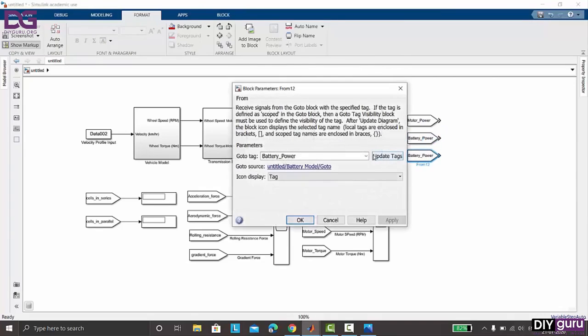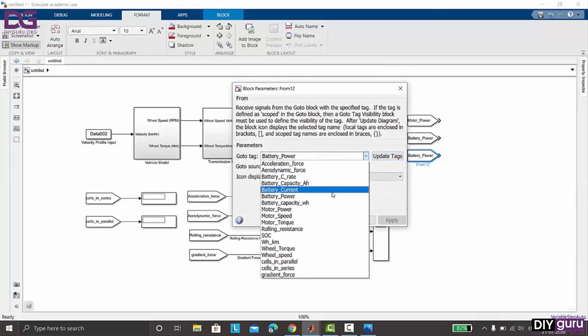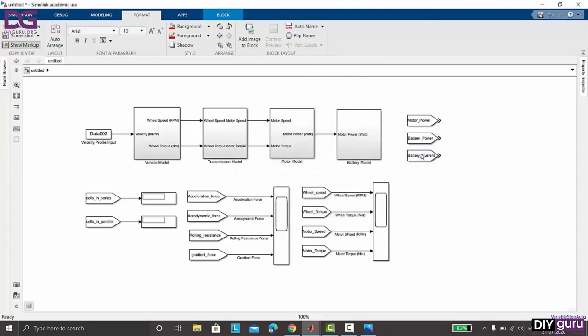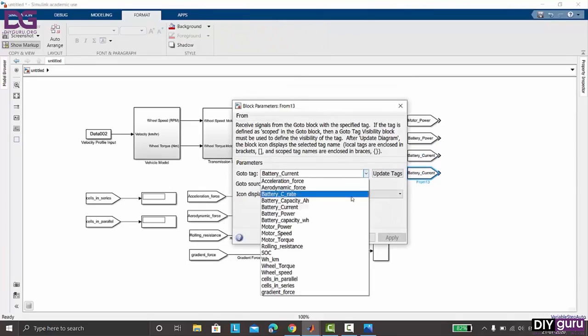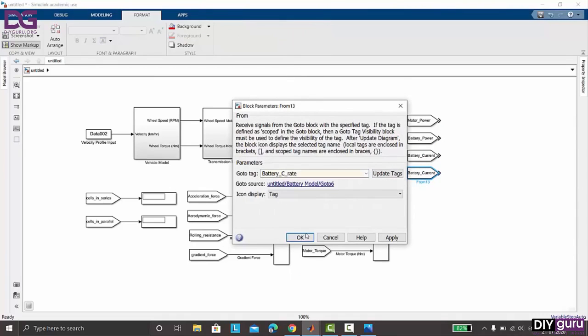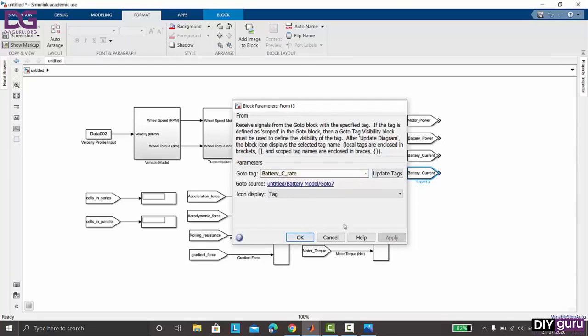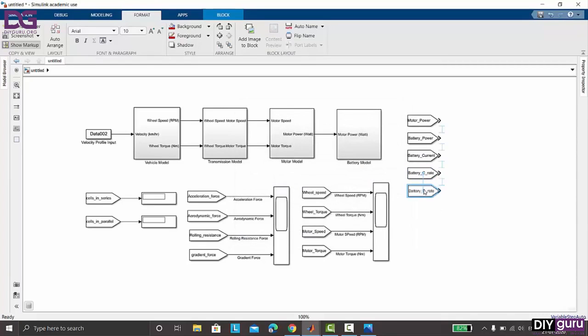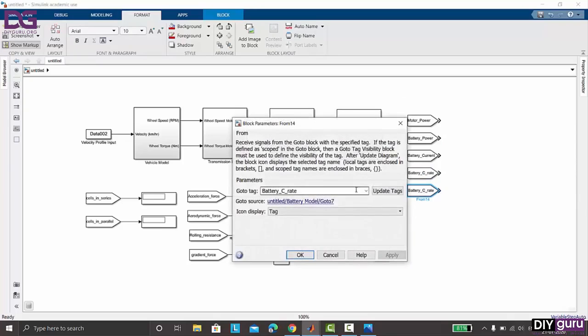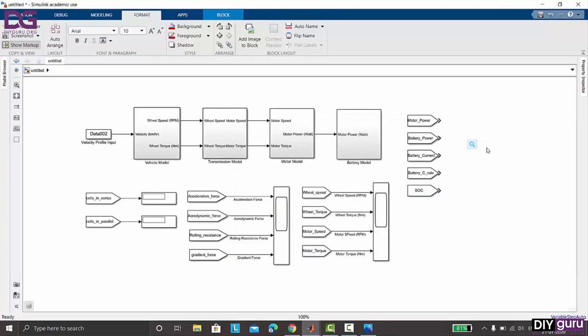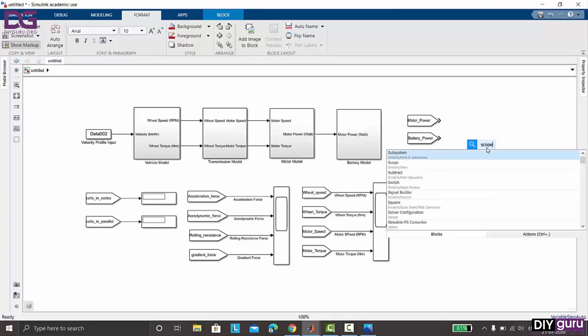Again, copy the block and change it to the battery current. Copy the block and change it to the battery C rate. Copy the block and name it as SOC. Insert the scope block.